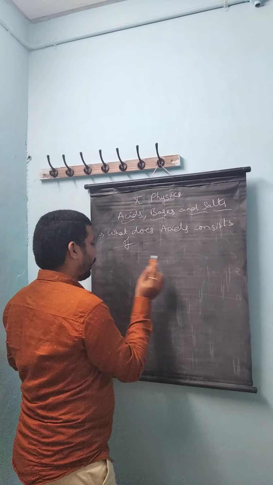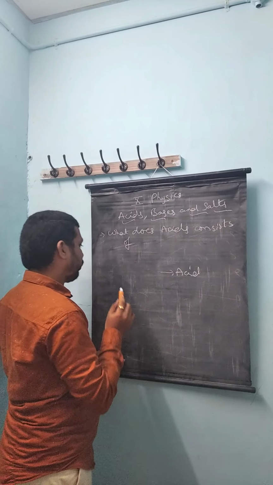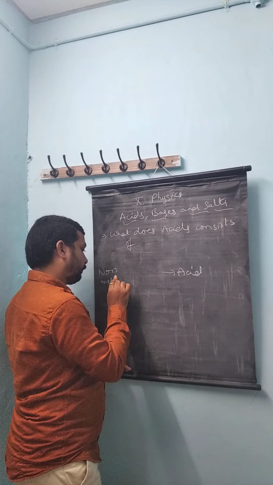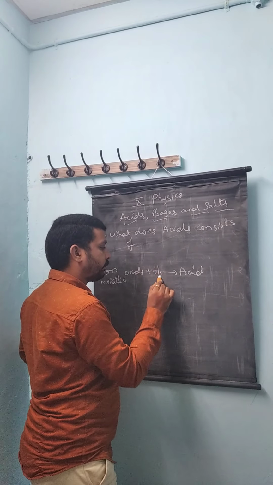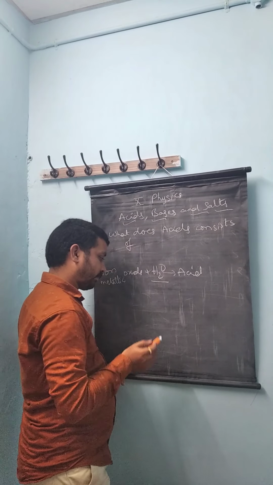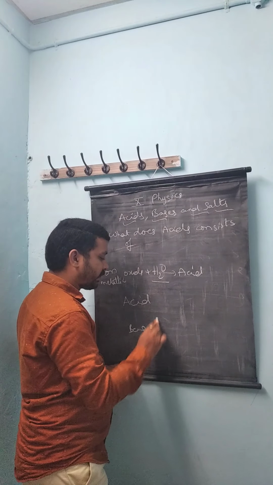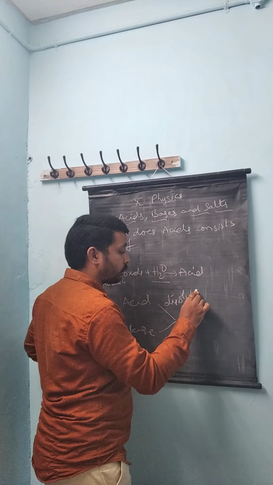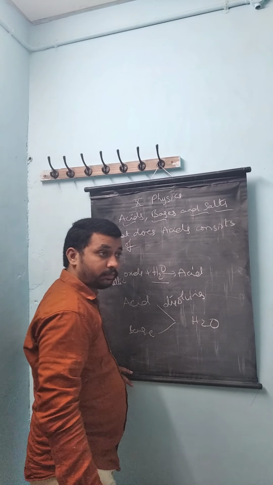Initially, we know that acid is obtained by dissolving non-metallic oxides in water. Generally, when we consider water, either acid or base is obtained by dissolving in water.